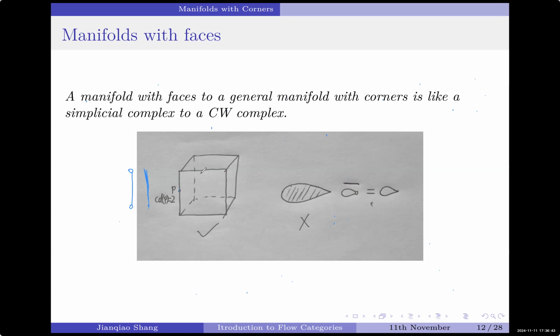You can check other submanifolds to see that the cube is a manifold with faces. But if we consider such a drop, this part is smooth, but it has a singularity here, and of course it's solid. If we consider such a submanifold, its closure has a singularity, so it's not a manifold with faces anymore.